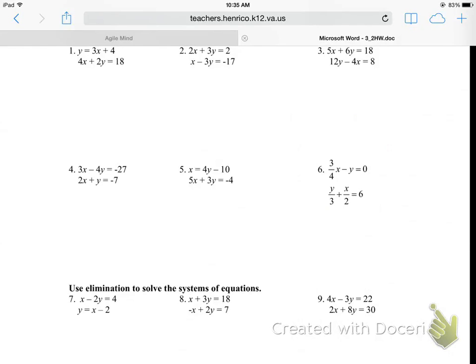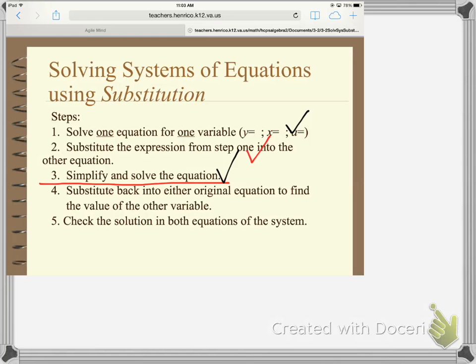On number 1, we've got y equals 3x plus 4, and 4x plus 2y is 18. So from our steps, what's the first step that we'll do? Plug that whole equation into the y. Good. The first step is always to check that one equation is solved for a variable. And that was already done here.